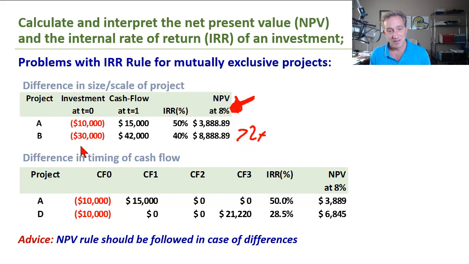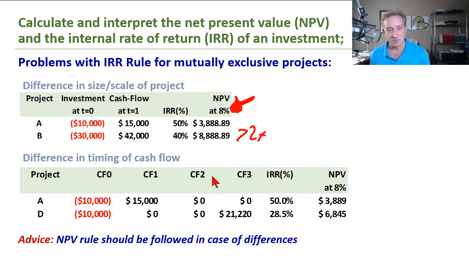And you can see we're putting an extra $20,000 in initially, and so we're getting 42 back as opposed to 15. So net present value dollars are much larger, sensitive to the discount rate. The more we increase the discount rate here, the more project B's advantage will erode relative to A. So that's an interesting difference.